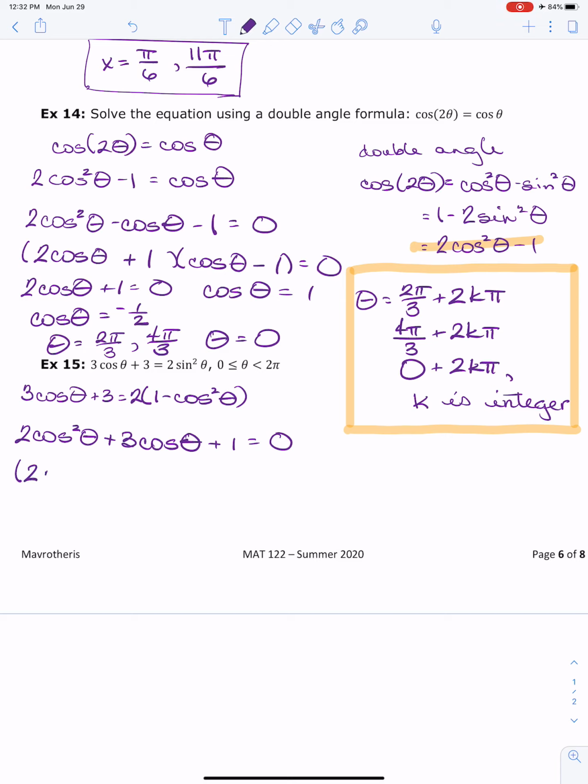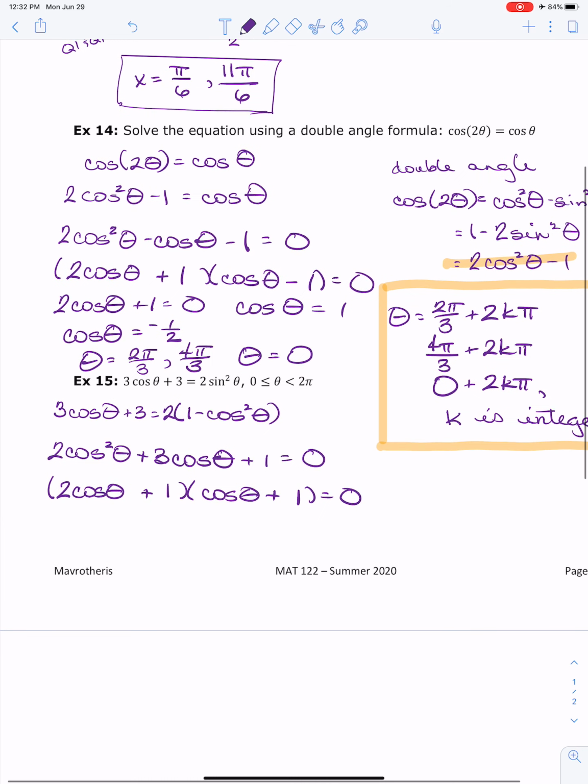We're going to factor this. We got 2 cosine theta times cosine theta. Only way to get 1 is 1 times 1. I want a positive 3. These are both positive. I'm going to solve for cosine theta here. I get cosine theta equals negative 1/2.